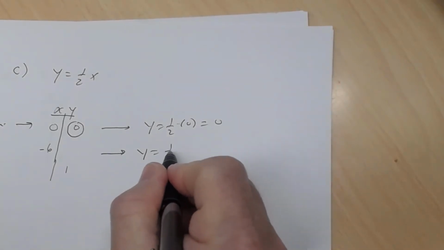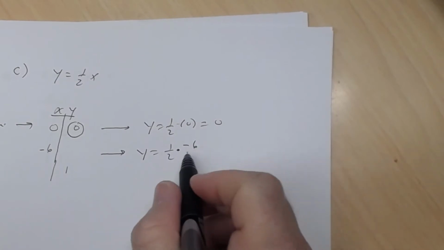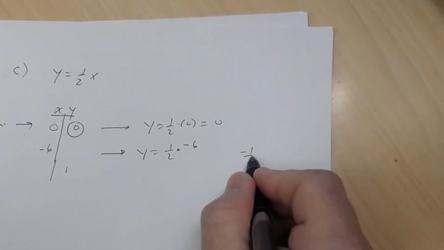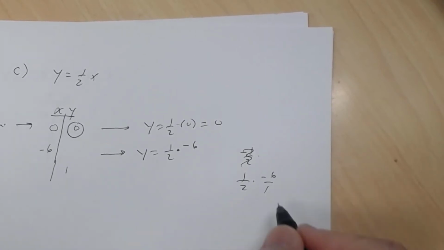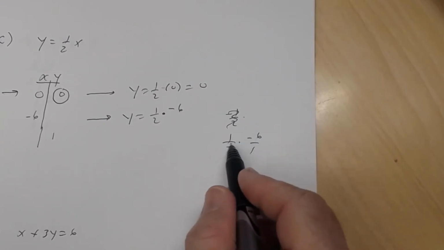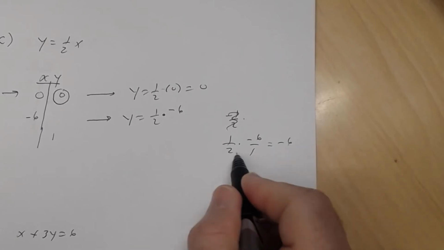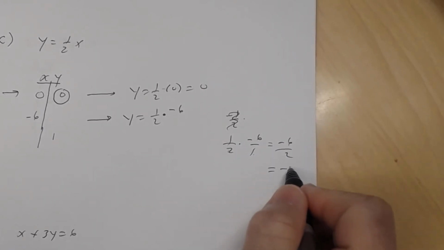We got y equals 1/2 times a negative 6. And we have to figure out what this is. Write negative 6 over 1 if you have to. There are multiple ways of doing this. 1 times a negative 6 is a negative 6. 2 times 1 is 2. Negative 6 divided by 2 is a negative 3.